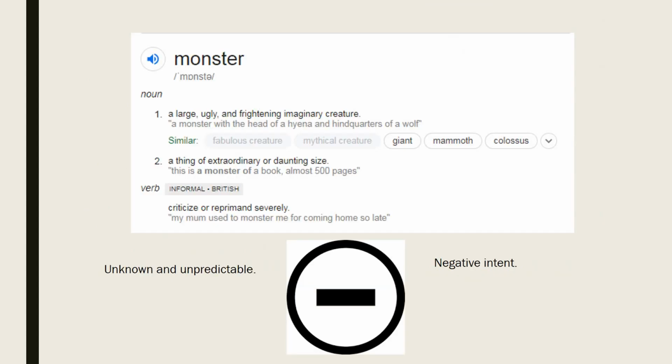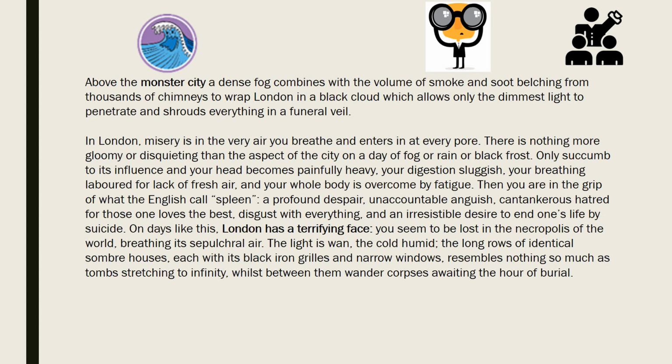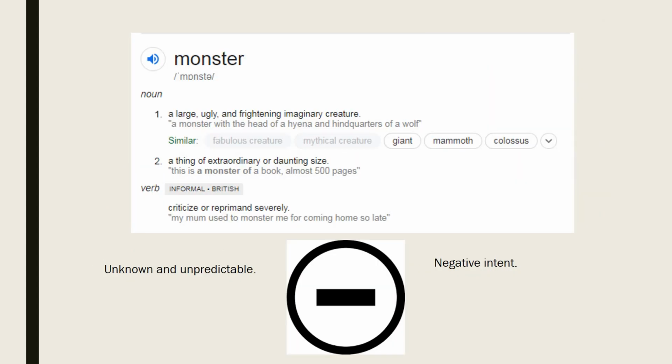Monster, literally out of the dictionary, a noun, a large, ugly and frightening imaginary creature, a thing of extraordinary or daunting size. So it may be that the writer's talking about the size of the city, but also it might be because it's quite ugly and frightening.